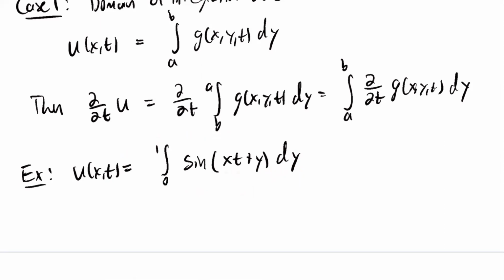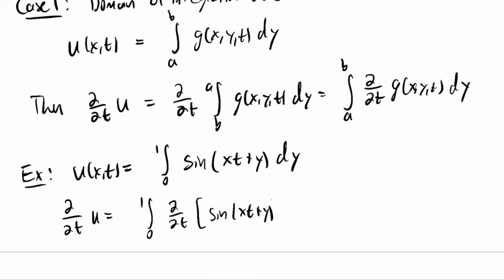Okay, and so how do I take the derivative of this? If I apply the rule from above, this is just the integral from 0 to 1 of the derivative with respect to t of the integrand. Hopefully everyone can now compute this derivative just using the multivariable chain rule, or just the regular chain rule, since we're just taking the derivative with respect to t here.